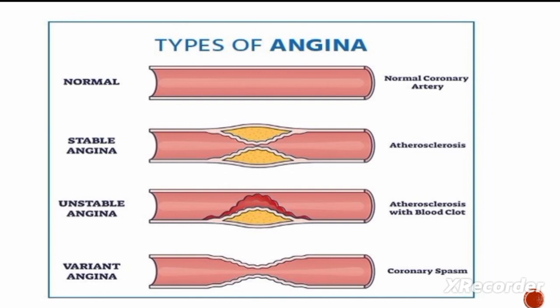If the patient has a history of migraine, there is a high risk for Prinzmetal angina. In Raynaud's disease, the patient is also at risk for Prinzmetal or variant angina. The coronary spasm may occur with or without coronary artery disease.